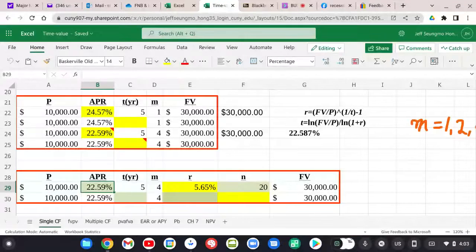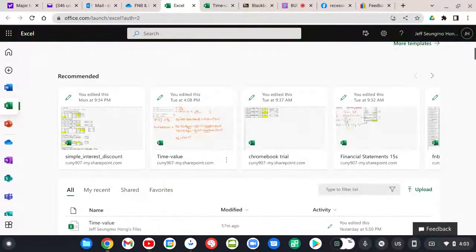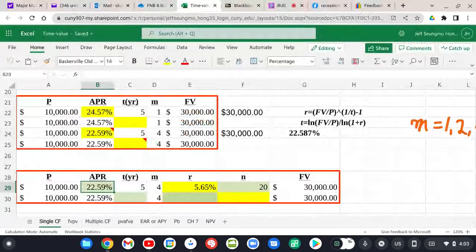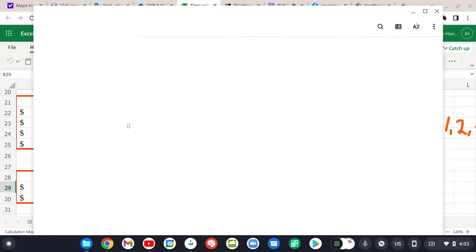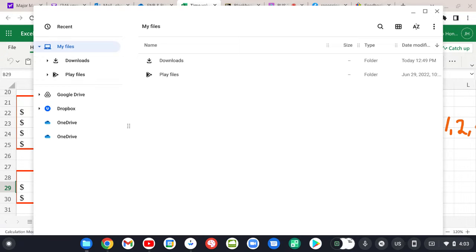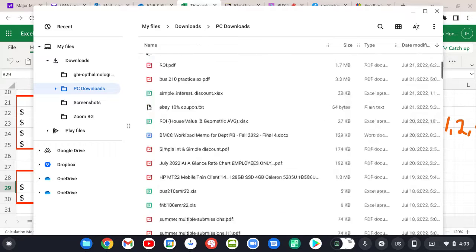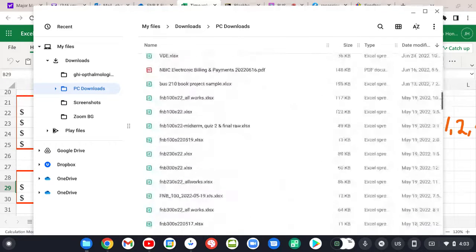Okay, here it is. I guess I can close this now. Okay, so that's the formula there. And also, let me see. Time value of money. Where is it?